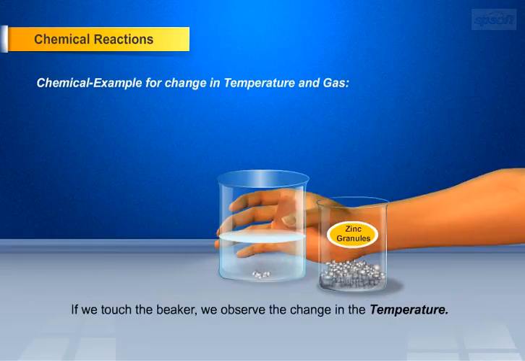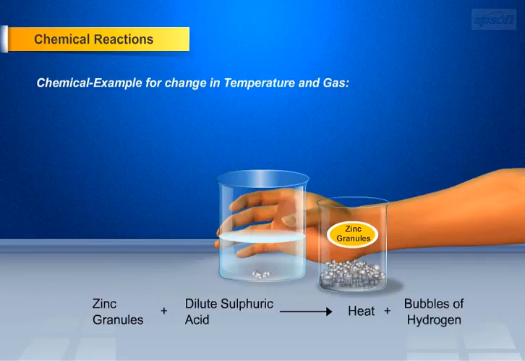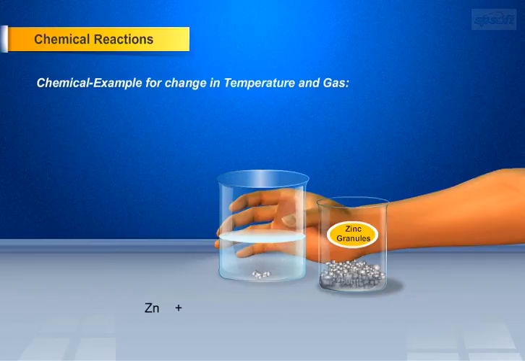If we touch the beaker, we can also observe the change in the temperature. This reaction can be represented in the form of chemical equation. The word equation is zinc plus dilute sulfuric acid gives heat plus bubbles of hydrogen. The chemical equation is.